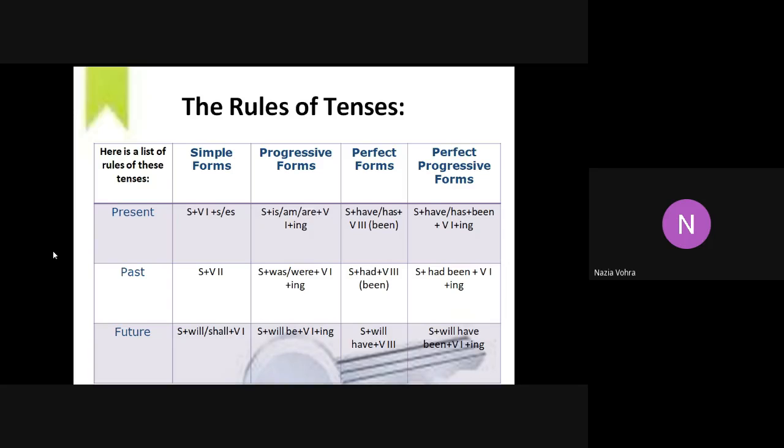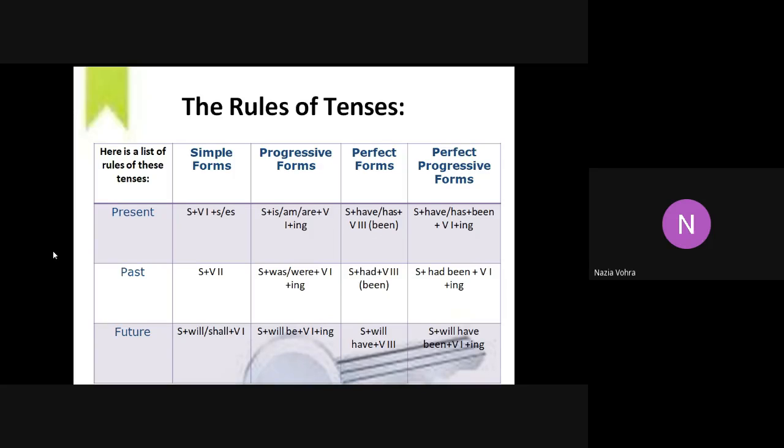Okay. Let's move to the next, which is the past tense in a progressive form. So we have a subject. We will have was and were. Was will be for singular, were will be for plural, plus the verb one with an ing. Same way with the past tense.